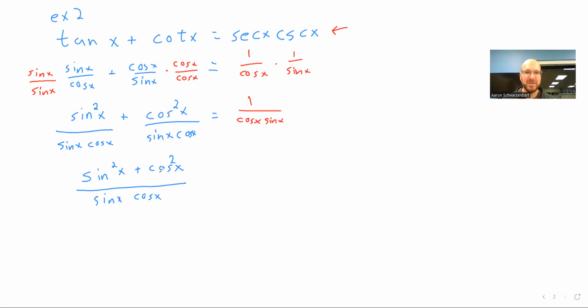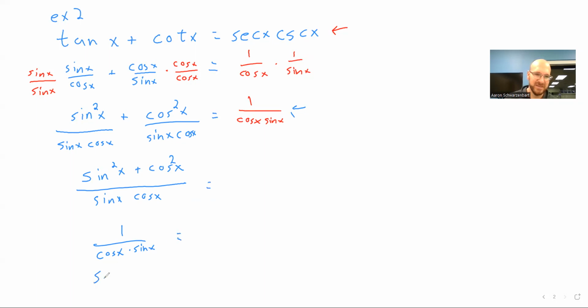Our most basic Pythagorean identity, sine squared x plus cosine squared x equals 1. So I end up with this, and I'll swap the order. I can multiply in either order, so I can swap the order to match what I had here.